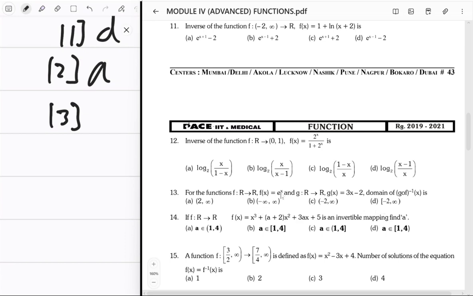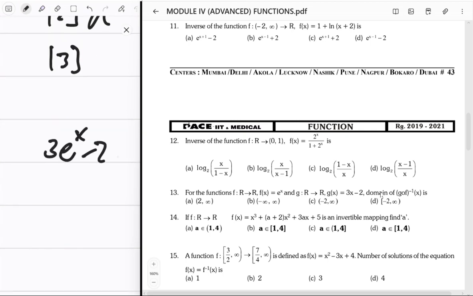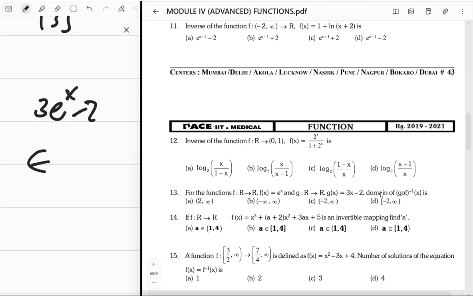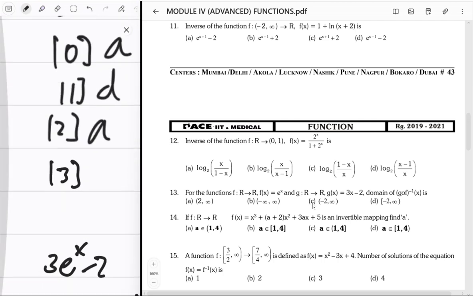It has to be bijective, right? There's only one g of x, and from that value to f of g, oh, you're going g of f. Doesn't matter in the end. So 3 e power x minus 2. That's what g of f will be. This guy belongs in this range, negative 2, not inclusive, to infinity. That is the range of g of f, which means it's also the domain of its inverse, right? So C probably. Next question.